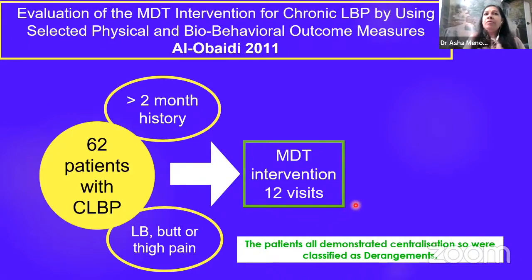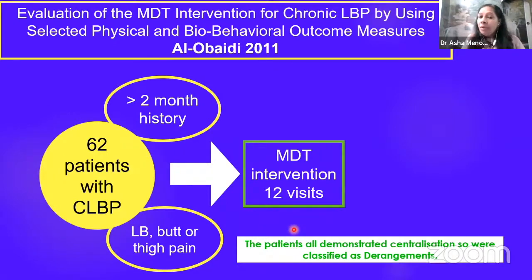As we say, with most patients using the MDT method, if we are able to identify directional preference in a patient, the patient responds very, very rapidly. And within 6 to 7 sessions, we are able to even identify whether the patient is going to respond to the treatment or not. So it's very, very rapid. But the patient here has taken 12 visits. So we know that these are very high risk patients that we have seen.